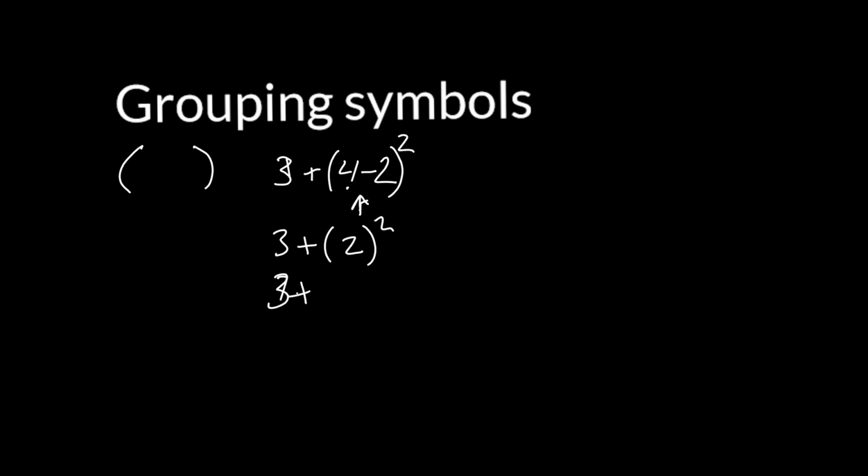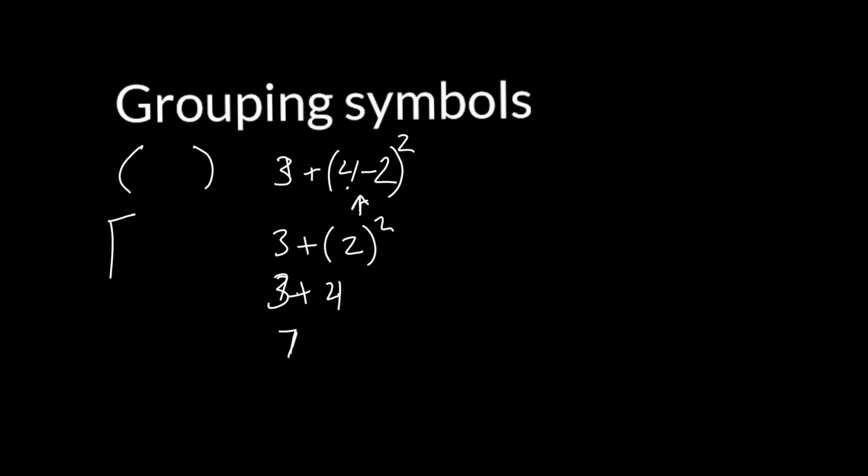So if I have 3 plus (4 minus 2) squared, I'm first going to do what's inside the parentheses. So I'd have 3 plus 2 squared, so I'd have 3 plus 4, which is 7.